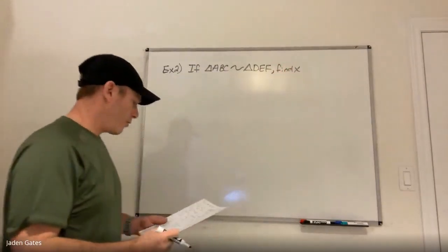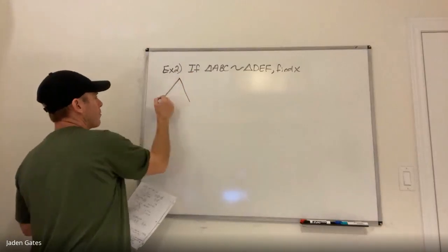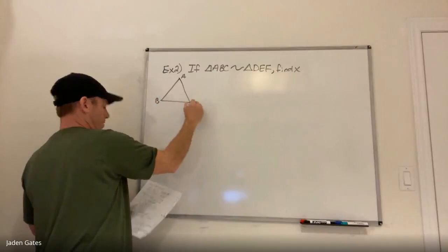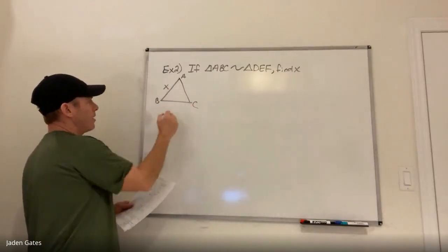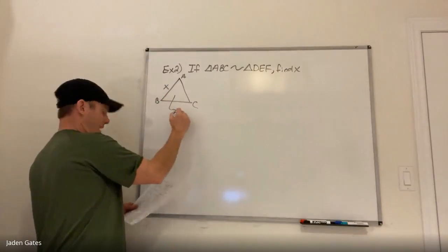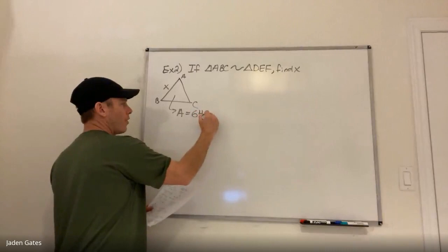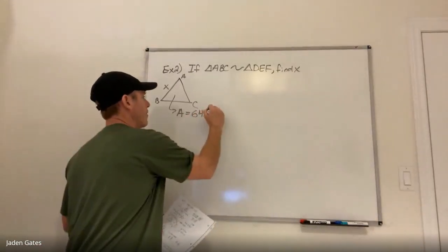All right, so here we go. We have, surprise, surprise, triangle ABC. All right, and I'm going to say that there's X right there. And I'm also going to say that the area is 64 meters squared.